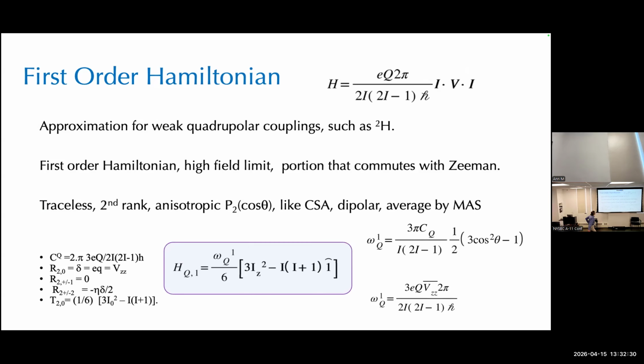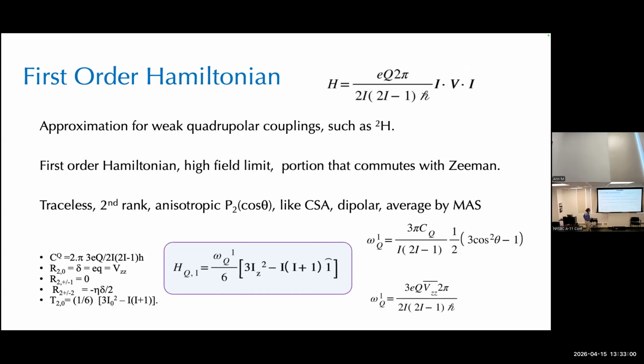Now, when we use the nomenclature that I introduced before for the spin and spatial degrees of freedom, the usual convention, and what's in Spiess's book, is that R20, the spatial piece of the Hamiltonian, is ZZZ. R2 plus or minus 1 is strictly 0, there's no antisymmetric term.